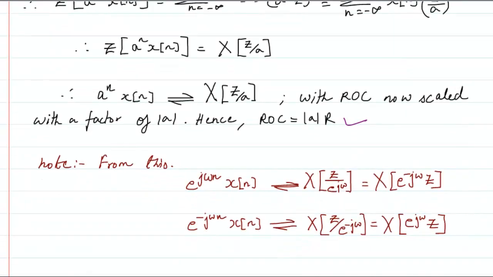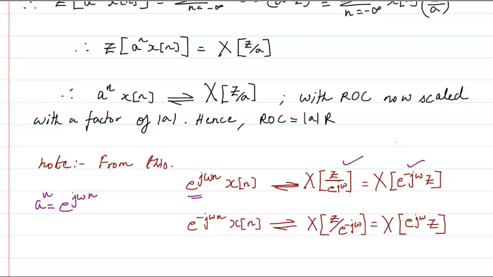Now here we are having a raised to power n. A is basically a complex number, so suppose I take the complex number a to be e raised to power j omega, then a raised to power n will be e raised to power j omega n, which is written here. If I multiply with this, it is as good as dividing z with e raised to power j omega, or I can write it as multiplying with e raised to power minus j omega.